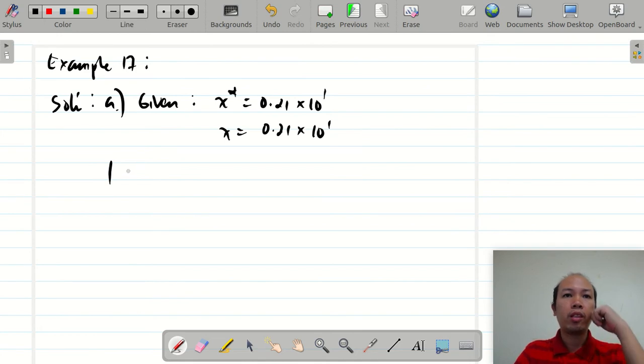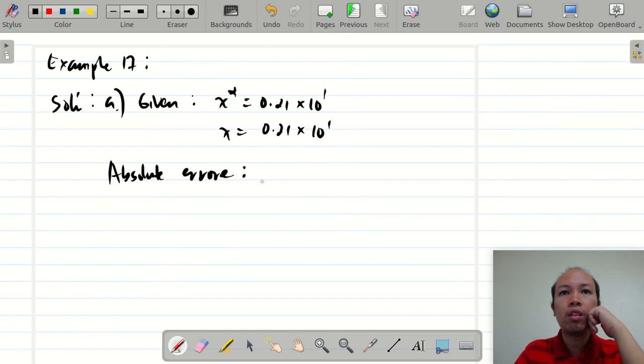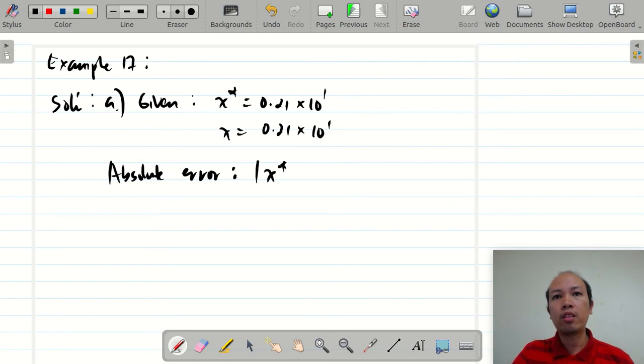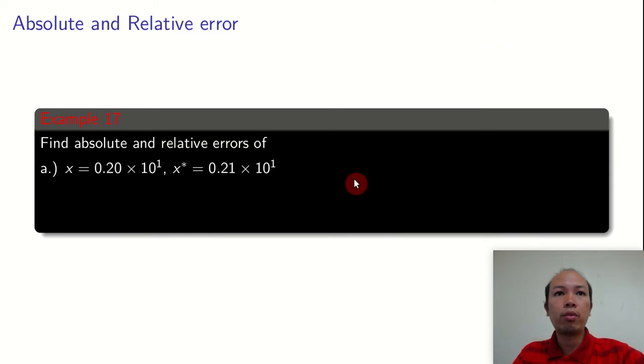For the absolute error, we have the absolute value of x asterisk minus x. Let's look at the formula.